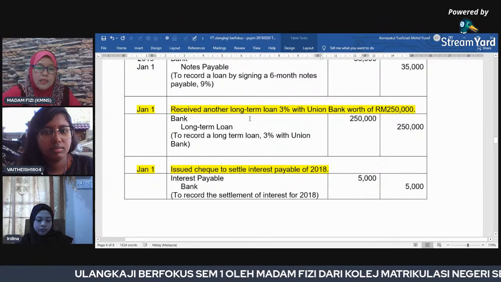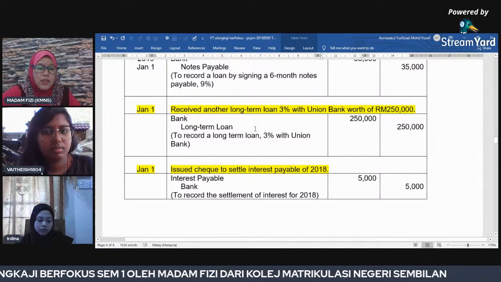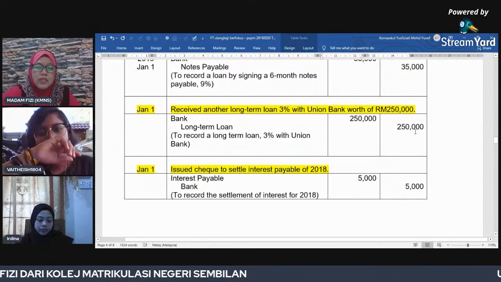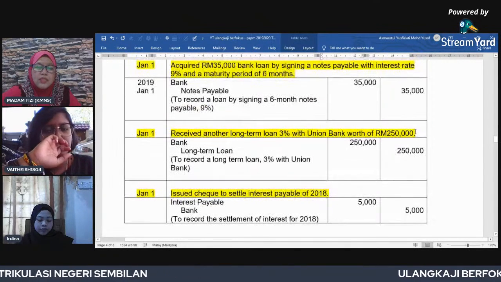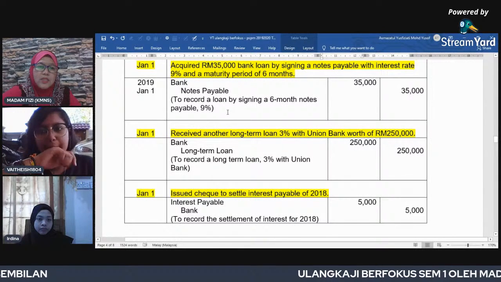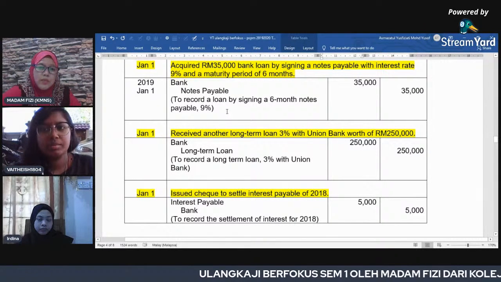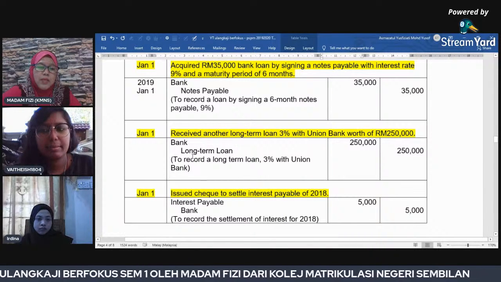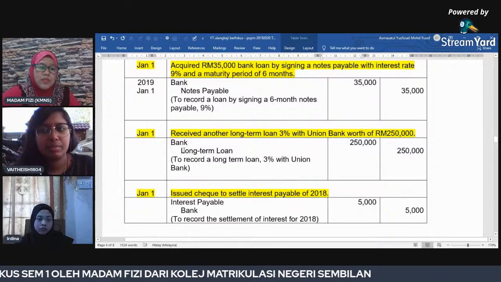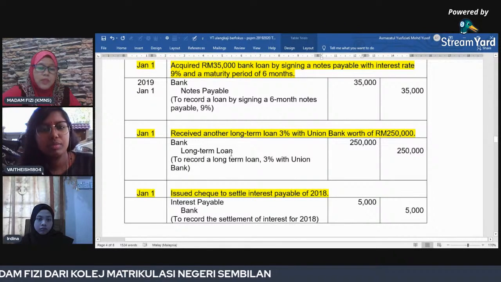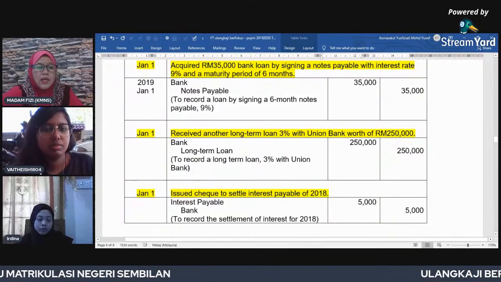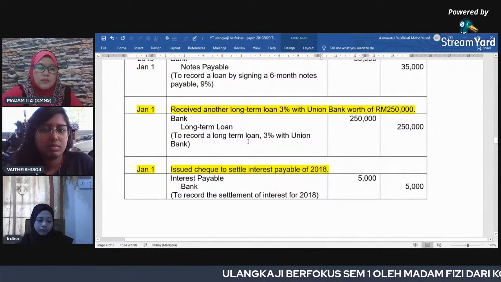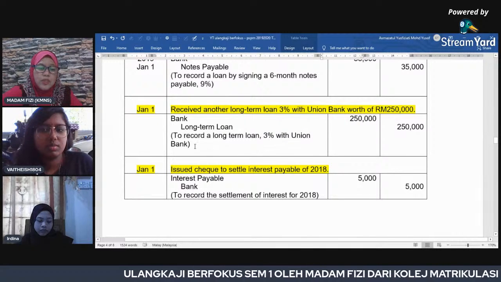So debit bank 250,000 and credit long-term loan 250,000. So you can see the difference: if we borrow by signing notes payable, credit notes payable. If we borrow by long-term loan, we credit long-term loan. And the narration is to record a long-term loan 3% with Union Bank.